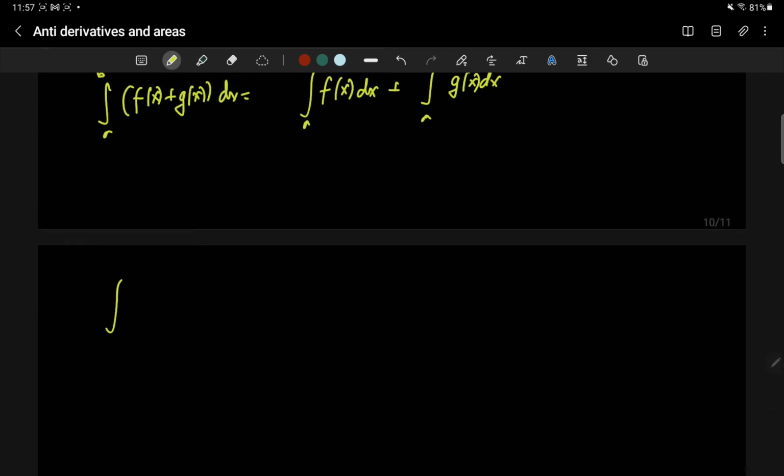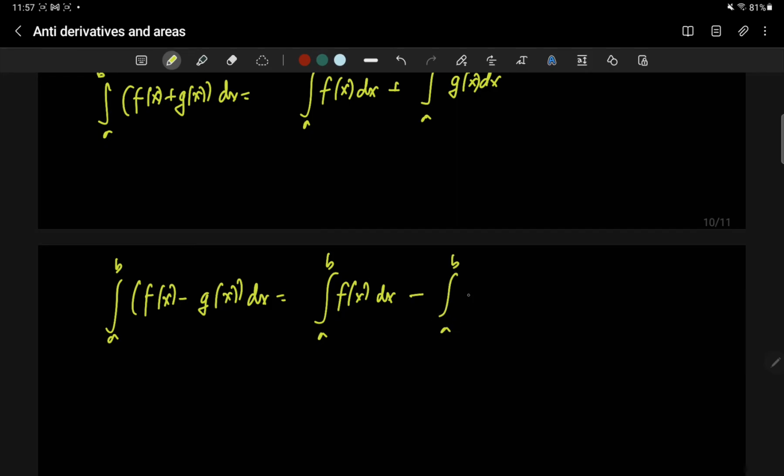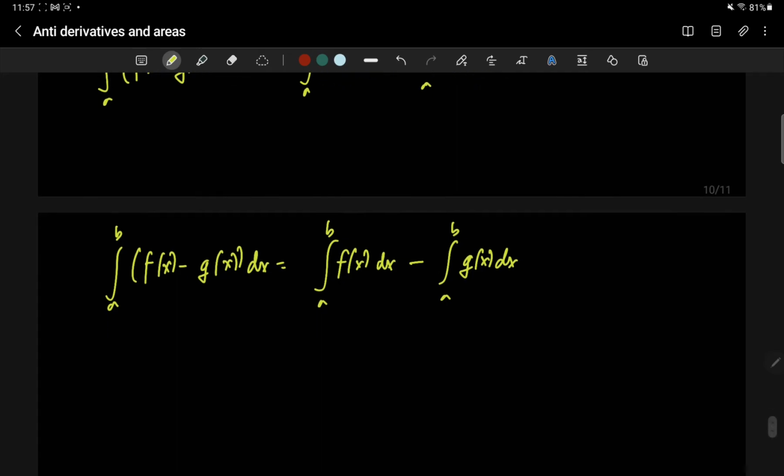If you have subtraction, in the same way, you can split them out as the first minus the second. However, caution here that it doesn't work for products and for quotients.